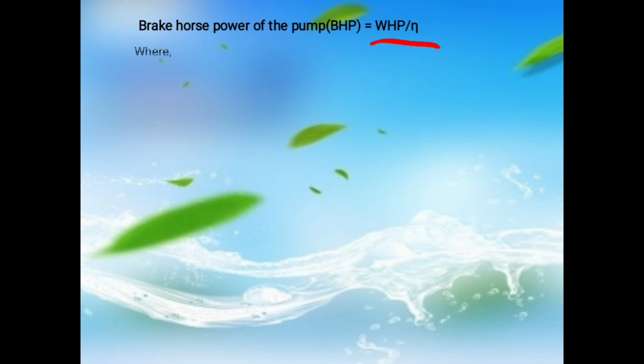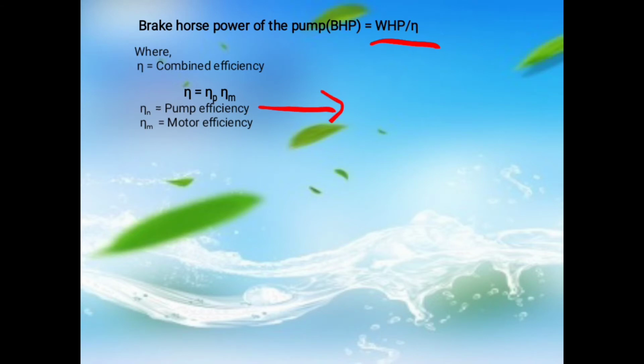If the pump efficiency and motor efficiency are given, then the combined efficiency eta equals eta m into eta p, where eta p is the pump efficiency and eta m is the motor efficiency. Then brake horsepower BHP equals water horsepower divided by combined efficiency.